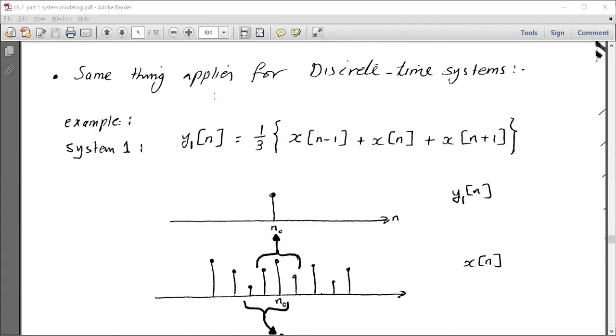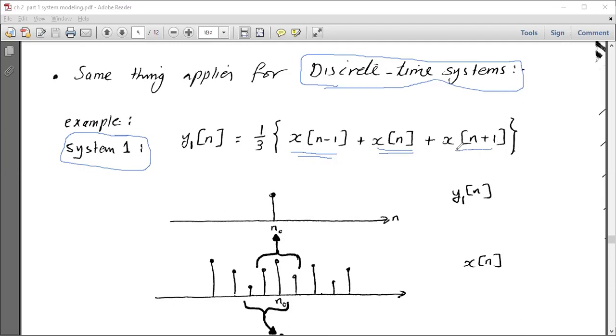Here, the same thing applies for discrete time systems. The same definition we have adopted before applies for discrete time systems. Look at this example, system 1. It's a moving average system. It takes the present, past, and future values, in discrete time, to decide y1 at n.